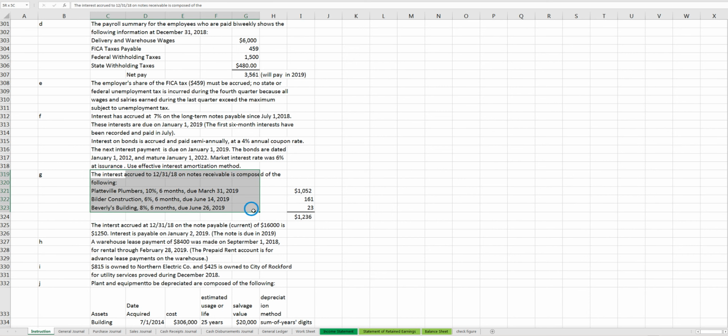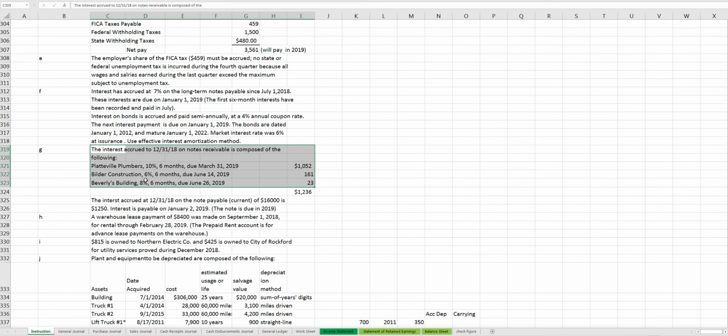G, interest accrued. Okay, we have other interest accrued. I remember we have these for notes receivable, right? We have these notes receivable, and the number has been given already, actually.